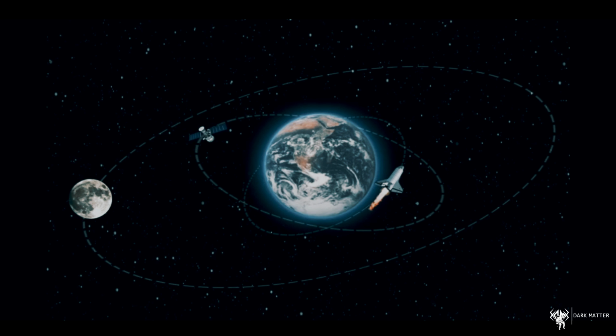Satellite. A satellite is any celestial body in space that orbits around a planet. Satellites are of two types, natural satellites and artificial satellites.